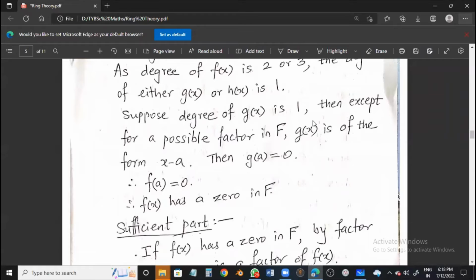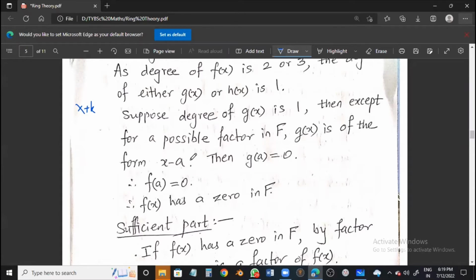Then g(x) is of the form x minus a only. You could write it as x plus k, but writing x plus k itself means that we are writing x minus k. So it is of the form x minus a only.